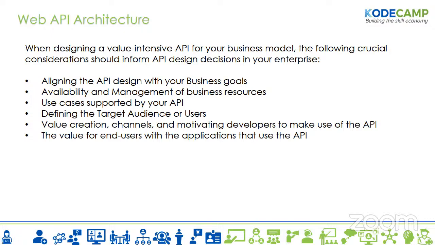And then you want to look at the availability and management of business resources. You want to look at the use cases supported by your API. So what are the use cases supported by your API? So for very massive applications that deal with a whole lot of information and so much of subsets, you're looking at gRPCs. Netflix uses gRPCs, Google uses gRPCs.